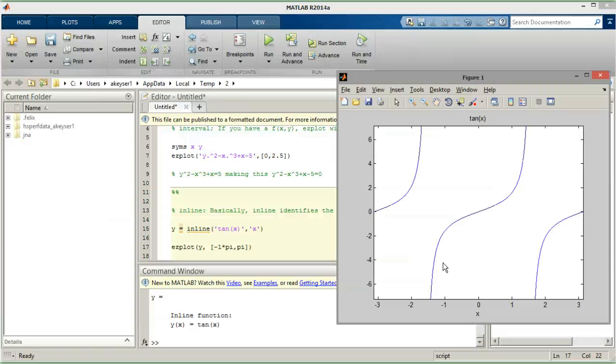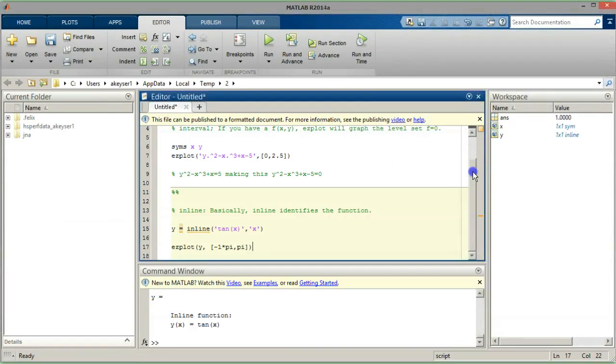So what you'll be doing is making two separate functions, and you'll be telling the computer to plot the first function and then hold on to the second function. That tells it, well, I want to put both on here, so I'm going to hold on to this one. I want both to be on here. And that's what you're going to be doing. So I'm going to show you how to do that next.